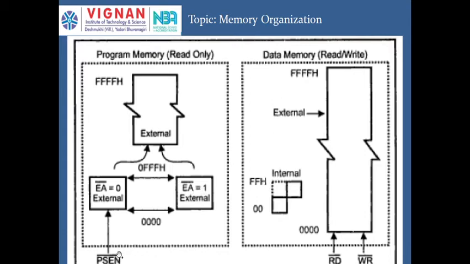By enabling the external memory using the PSEN pin, that is program store enable, we can use the external ROM memory. That is pin number 29, PSEN, which is used to activate the enable signal of external ROM or EPROM.